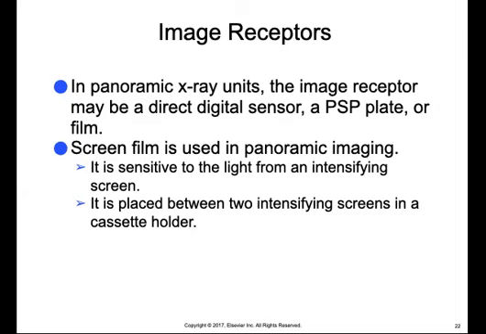So intensifying screens are two screens that are placed on either side of the film, and the whole thing is placed inside of a cassette holder. And whatever type of receptor that's being used, whether it's a digital sensor or a film receptor, the image must clearly indicate the patient's right and or left sides.